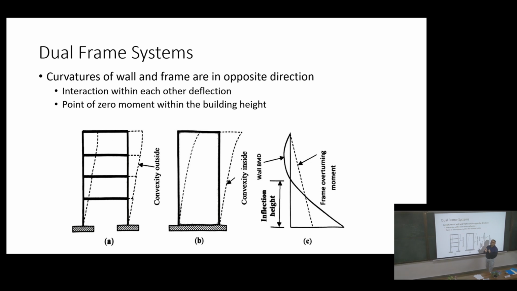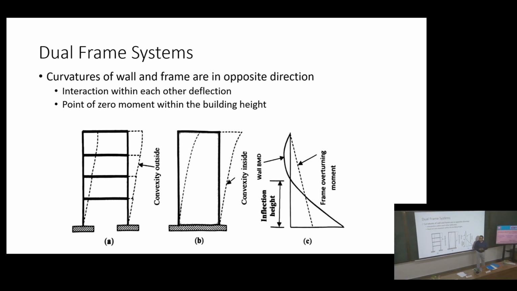And when they interact together, a shape profile like this originates. Essentially, the main takeaway from this figure is that the summation of these two shapes gives rise to what we call an inflection point. The inflection point is something where the bending moment is zero.